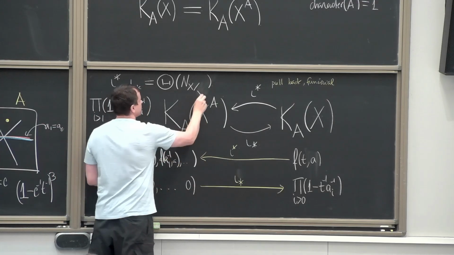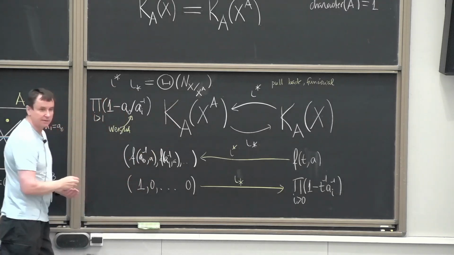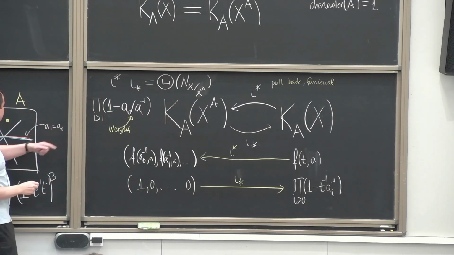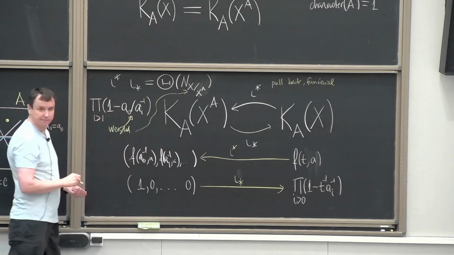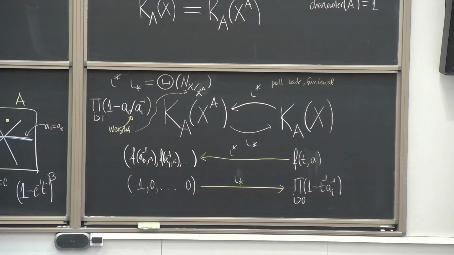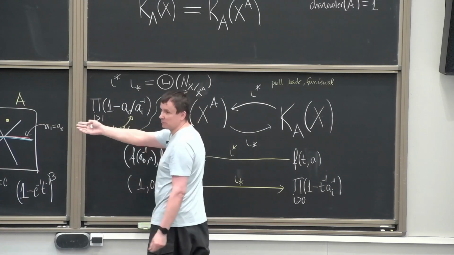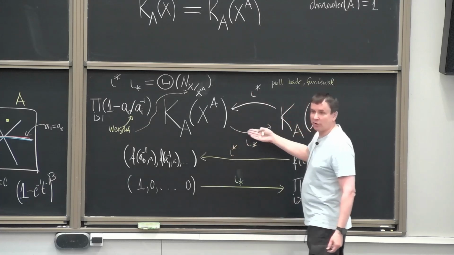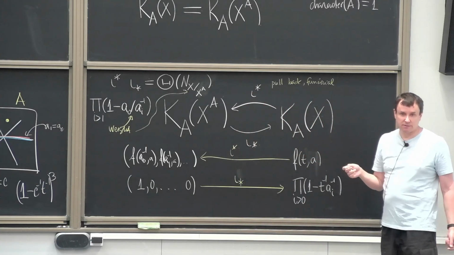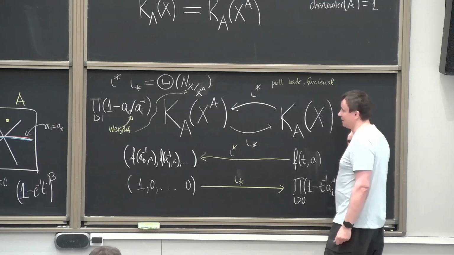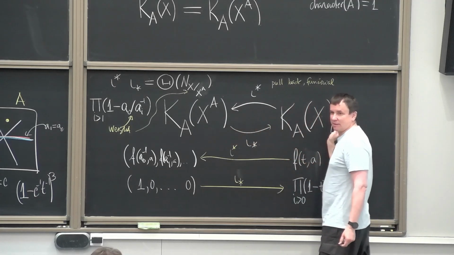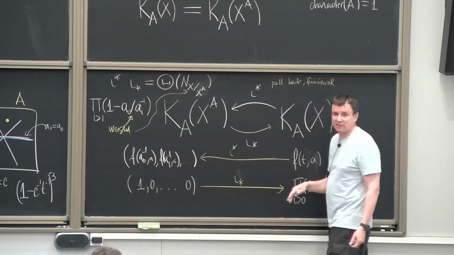And so what does the localization theorem say? That this map, away from some subvariety, is an isomorphism. A more algebraic way to say it is that the kernel and cokernel of both maps are torsion.